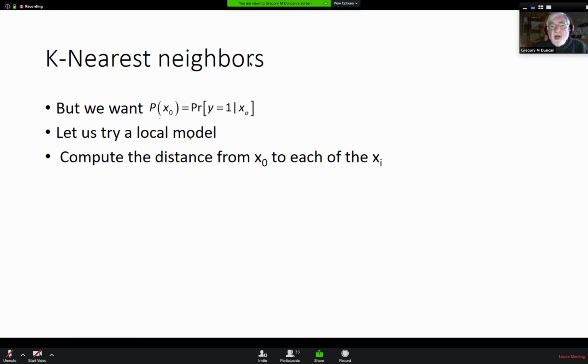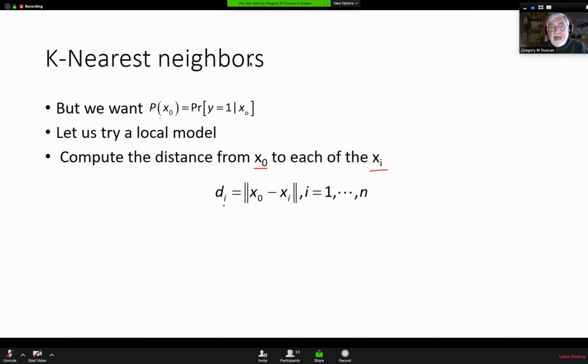So I'm going to calculate the distance from x0. So x0 is the characteristics of the young woman in question. And here are the characteristics of each person in my sample, and I've observed whether or not they have purchased a big screen TV.